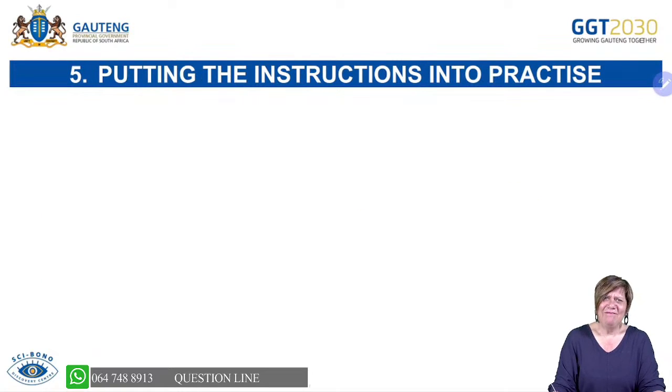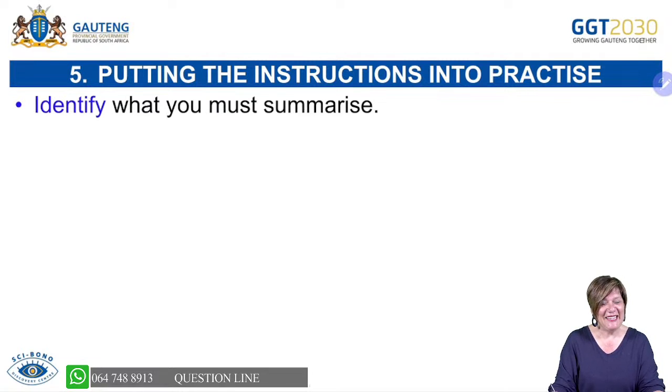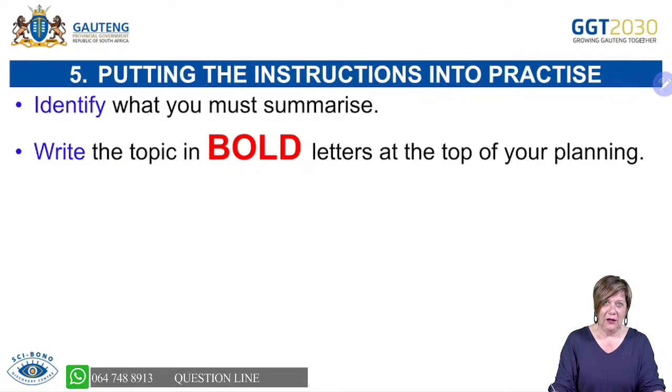Right, so how do you put everything into practice? Well, it's easy. You first need to identify exactly what you need to summarize. Please write the topic in bold, big letters on top of your planning so that you can be reminded of the topic every time you look at it.